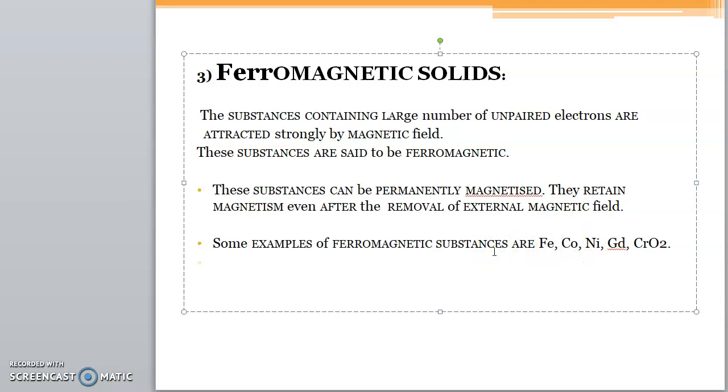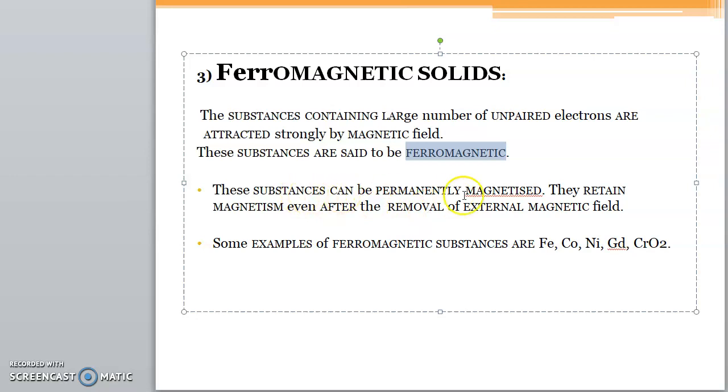When it comes to magnetism, suppose we are playing with a magnet, generally we try to look at an iron bar or iron rod for that magnet to get stuck, because iron is a very, very strong magnetic substance. It's not a magnet, it's a magnetic substance. It attracts magnets. Okay, so such substances are attracted strongly by a magnetic field, and that's why they're called ferromagnetic in nature.